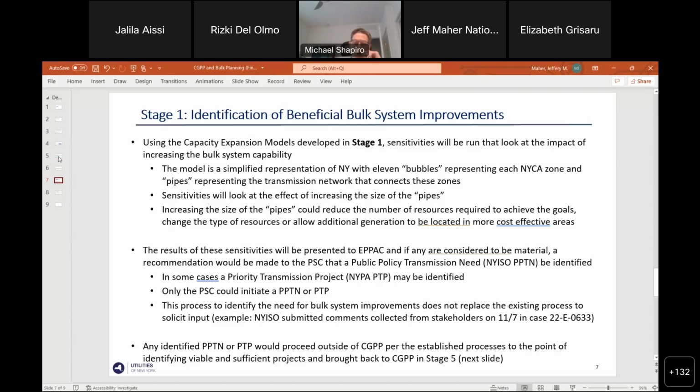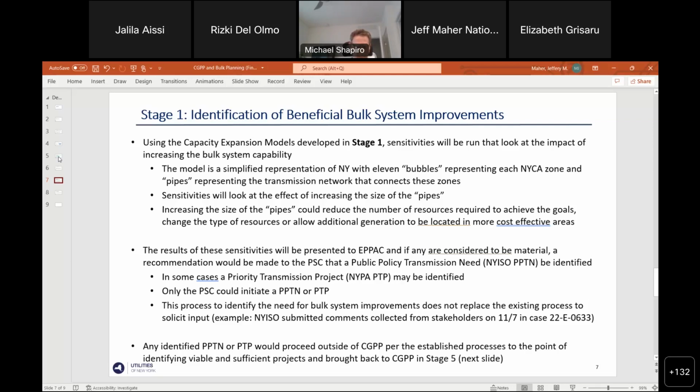Now, the goal would be for the NISO to complete that process to the point of identifying viable and sufficient projects. So that's a very specific milestone within the NISO's process. Their process, very high level, very generically: they solicit specific projects from developers. They establish the targets. Developers provide those potential projects to the NISO. And then the NISO does an initial evaluation that they call their viability and sufficiency review.